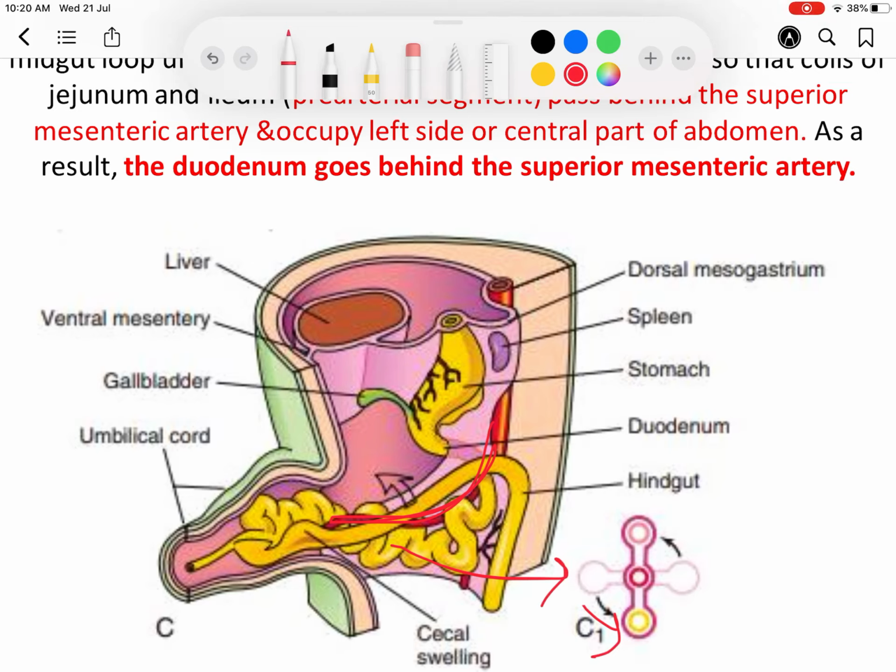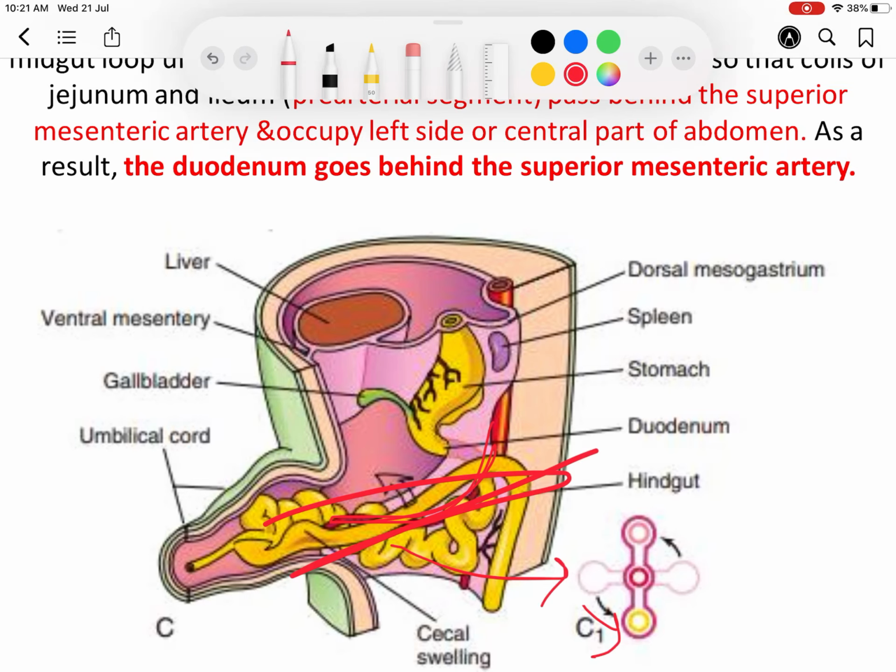This prearterial loop will go first into the abdominal cavity, and it will occupy the central part of the abdominal cavity and slightly towards the left side.